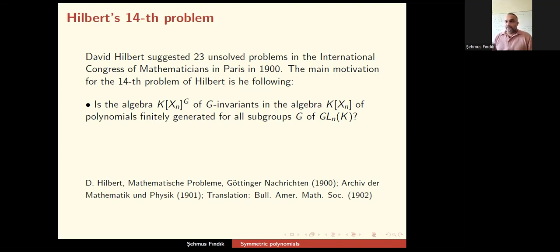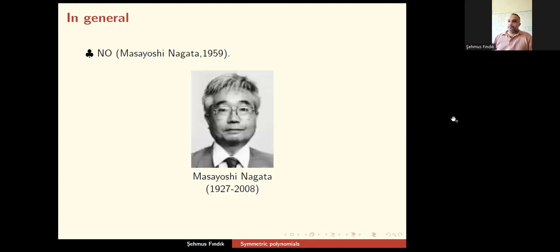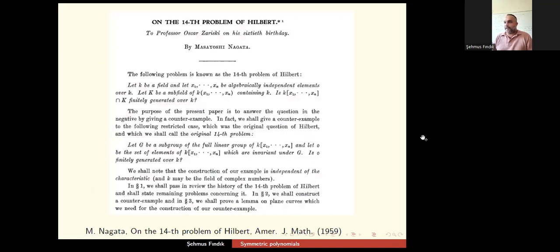If we focus on the algebra of G-invariants in the polynomial case in n variables, is this algebra finitely generated as an algebra? In 1959, in some sources it is written 1958, but the exact paper was in 1959, it doesn't matter.